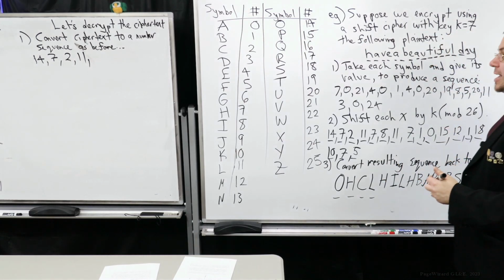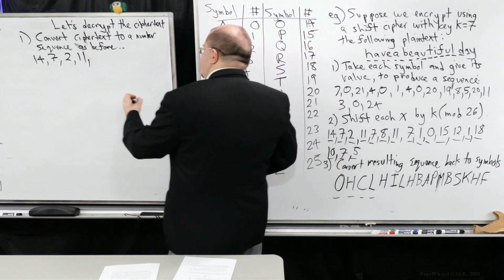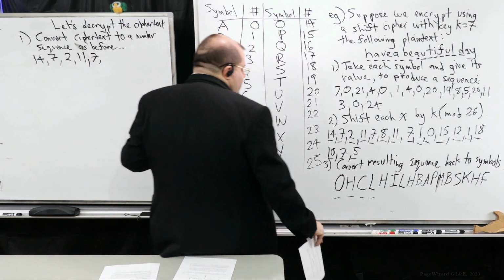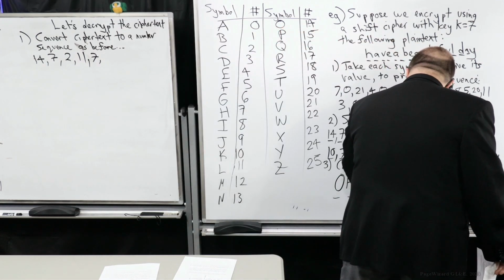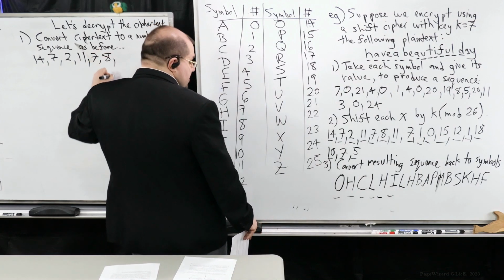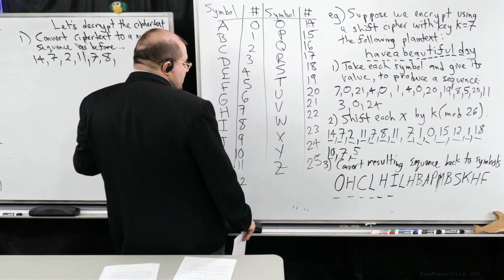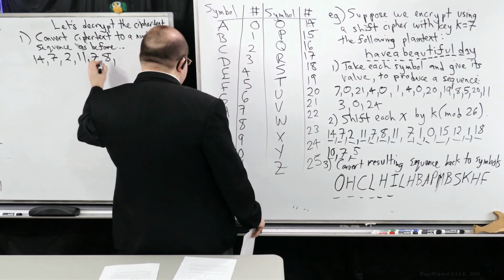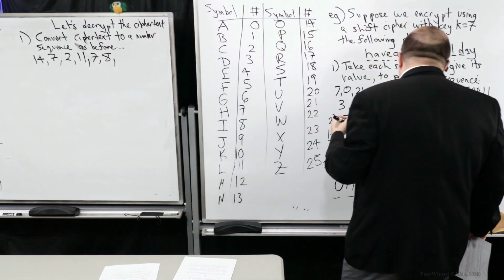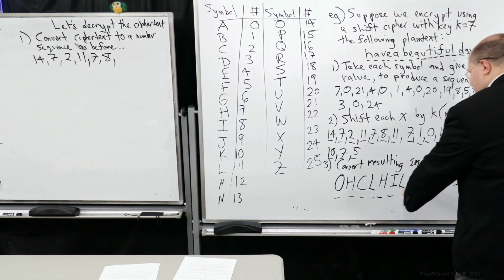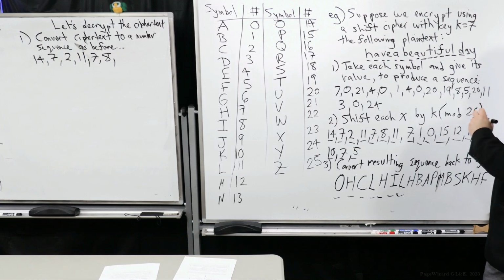So next we got H. H is 7. Right? Then we have I. I is the next letter over. That's 8. Then we have another H. You got 7, 8. Then we have L. That's 11.